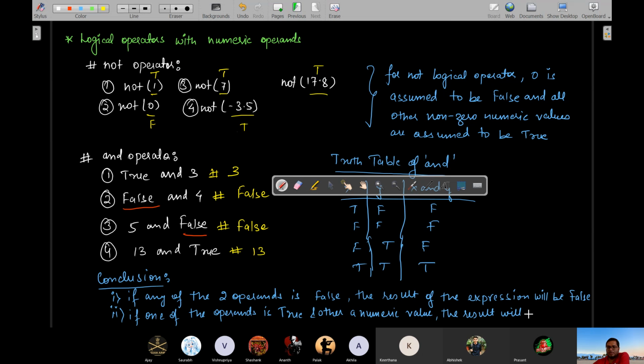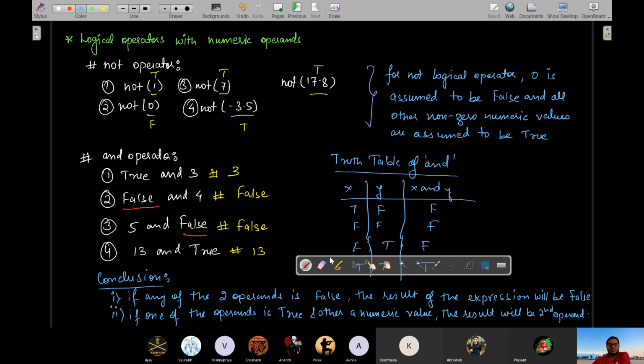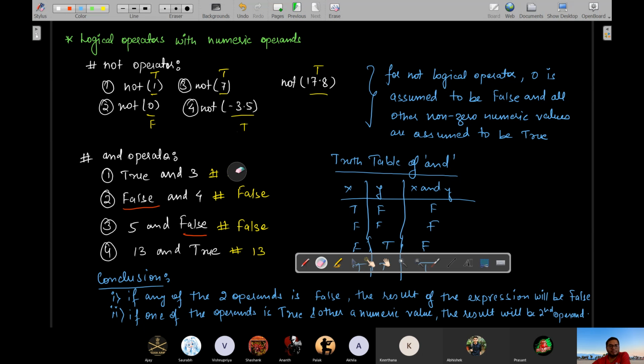What does that mean? Here the second operand is 3, the result will be 3. Here one is numeric value and one is true, then the result will be true.